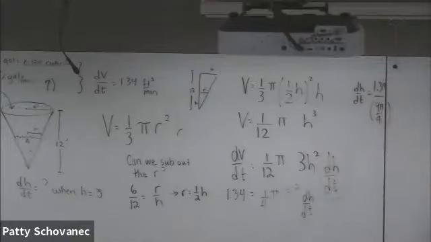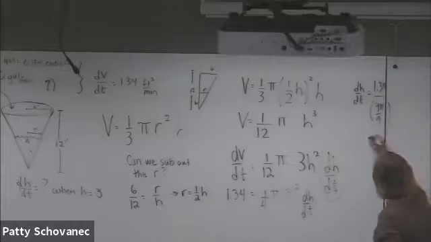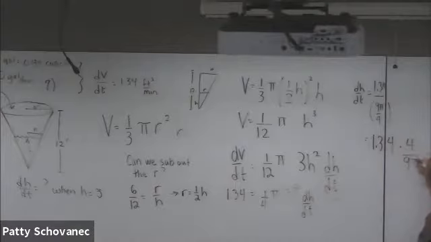I multiply by 4 and then divide by 9 pi. I don't want to mess with the numbers. Let's just say that was measured in feet per minute. It's the rate at which the water level is rising.